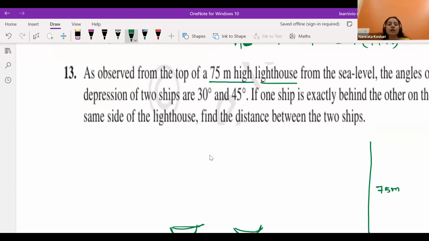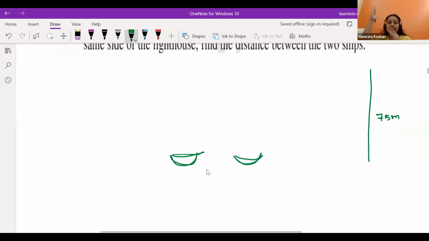Now the angles of depression of the two ships are this and this. One ship is exactly behind the other on the same side of the lighthouse, maybe on the left side, maybe on the right side.